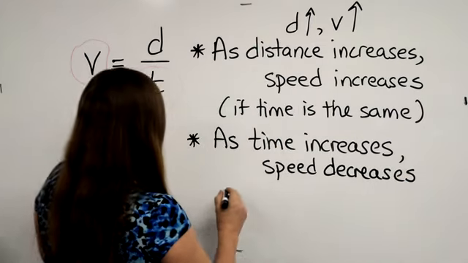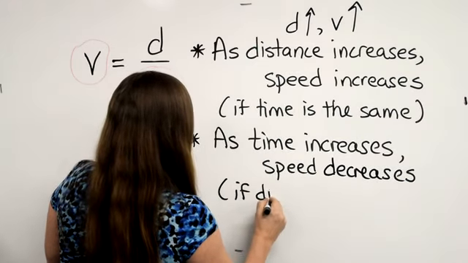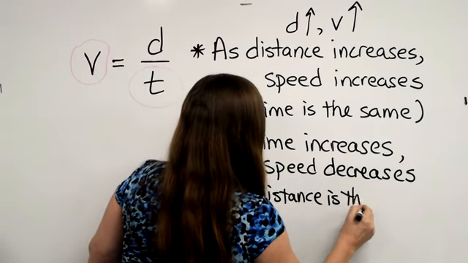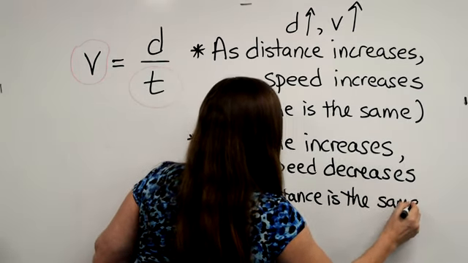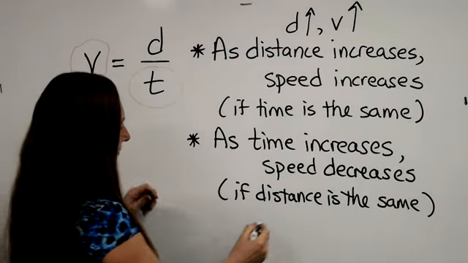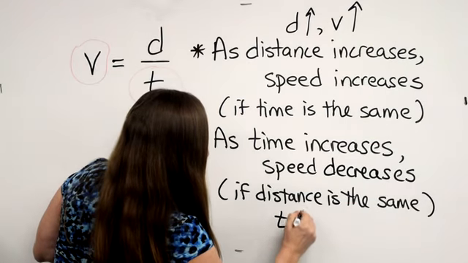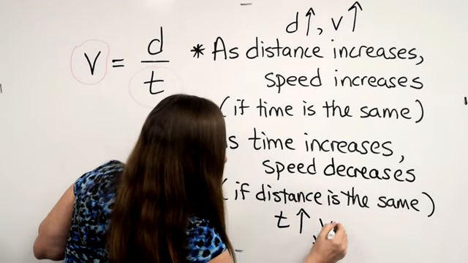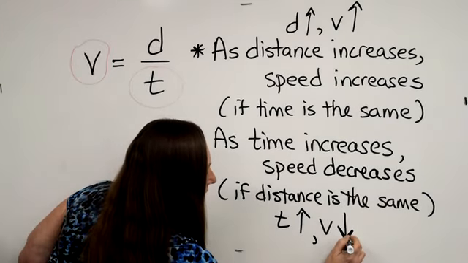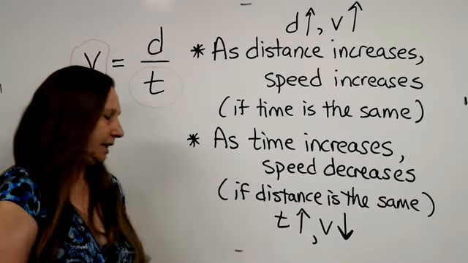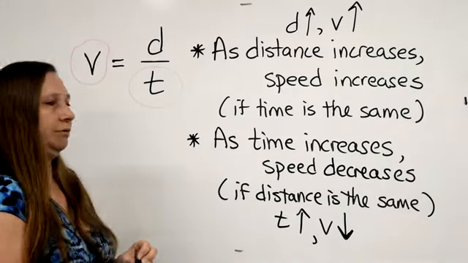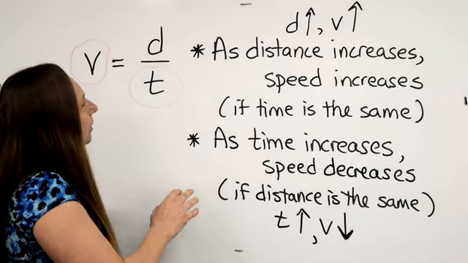And again, that's if distance is the same. Now, the time increases and the speed decreases, that is your classic inverse relationship. So just getting started.